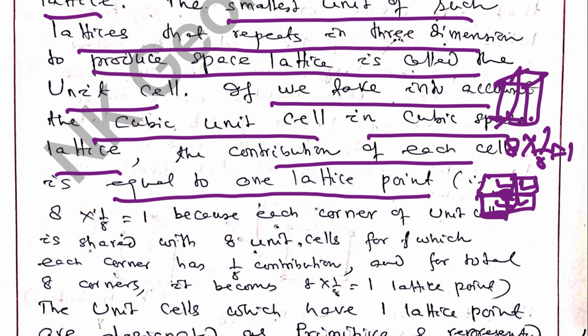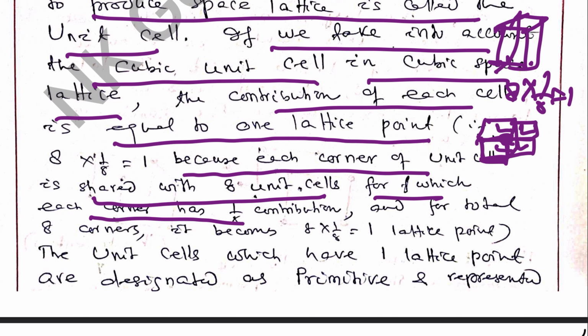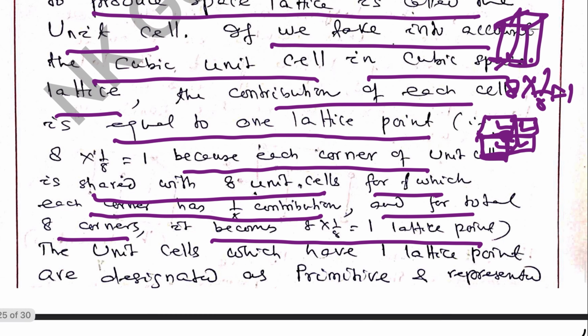So the contribution of a primitive cubic unit cell will be 1 atom, because each corner of the unit is shared with 8 unit cells, for which each corner has 1/8 contribution, and for the total 8 corners it contributes 1 lattice point.